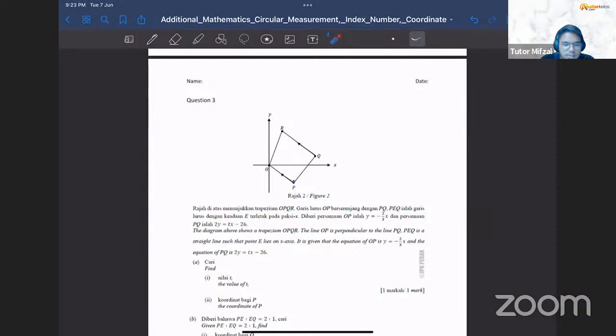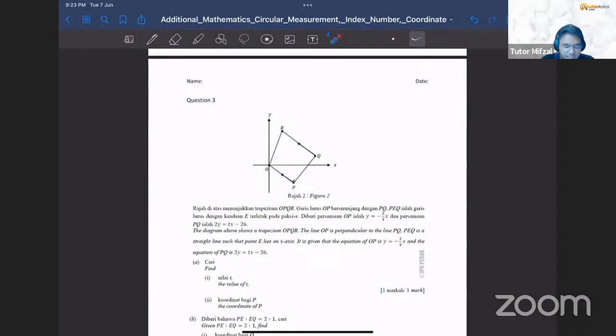Tak ada. Kita semua macam lemah hari ni. Did you guys manage to do this question? I think it's a fair one. Okay, anyways, I'm going to show you guys now.